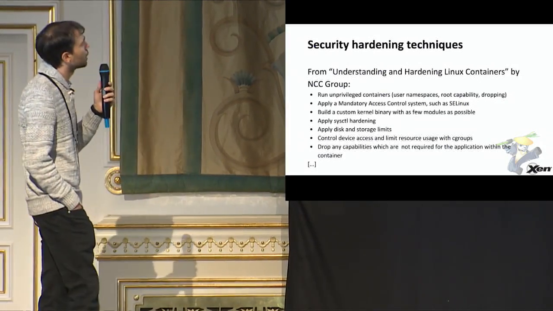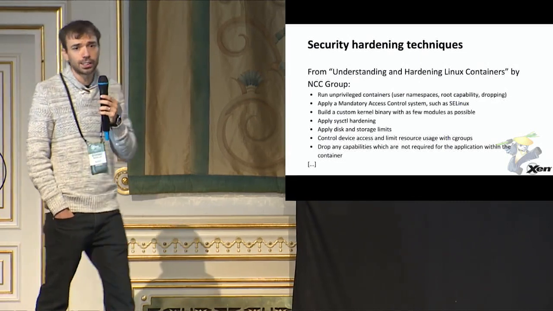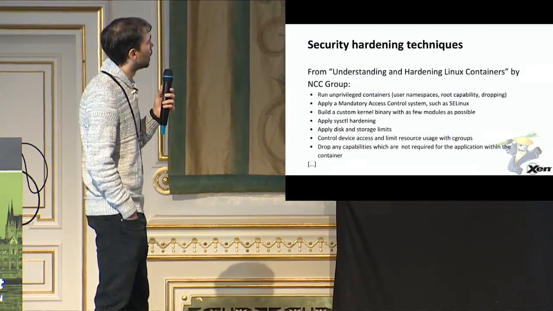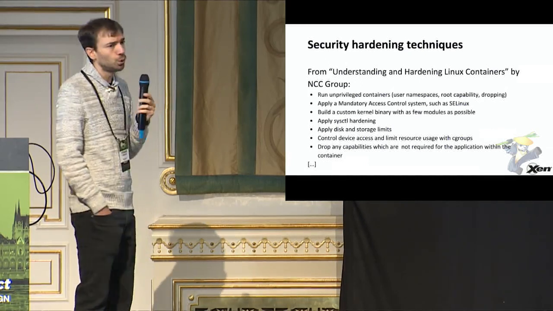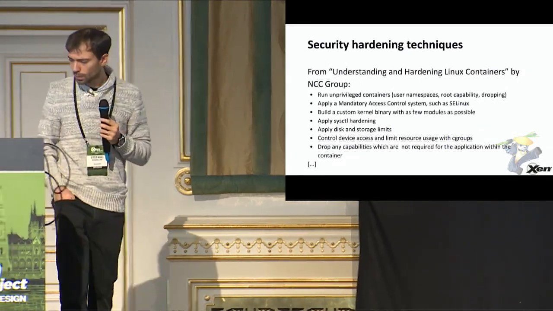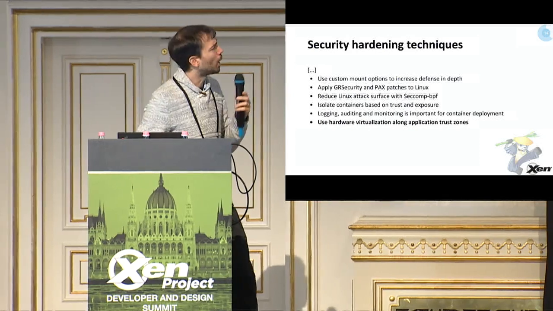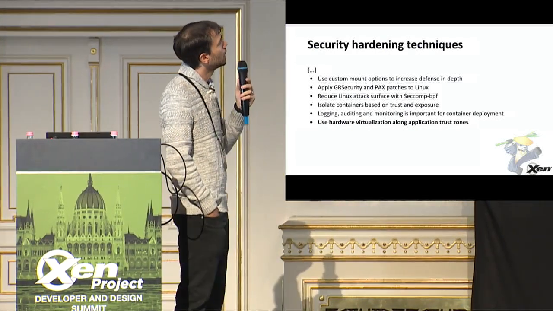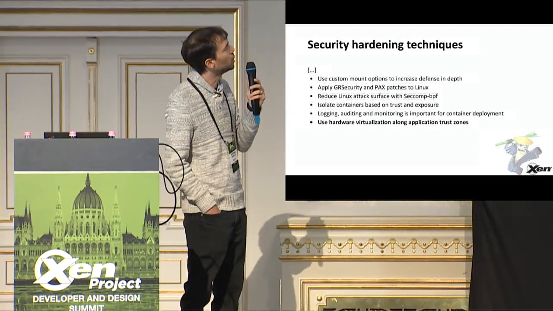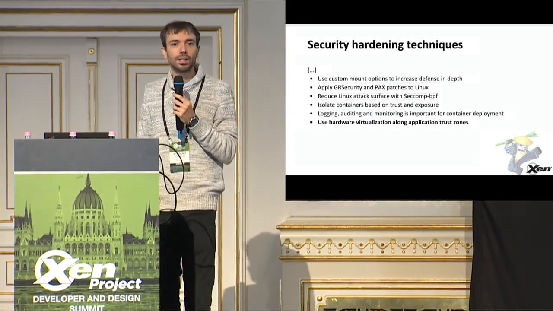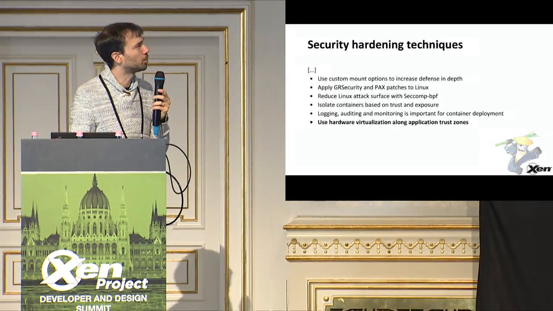The suggestions are to use SELinux, to drop privileges, to drop capabilities, to use cgroups, to apply grsecurity patches, to build your own custom kernel, to use seccomp, to do logging, and to use virtualization if possible.